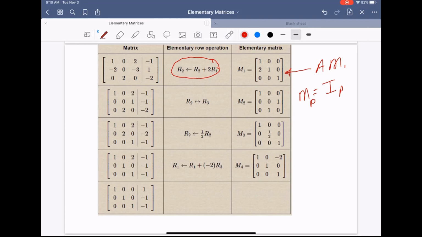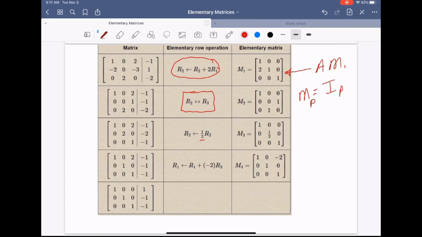The second one here is where we interchange rows 2 and 3, and this matrix M2 shows you what you'd have to multiply it by, or how that would be done using what we have referred to as an I matrix, and here it's called an M matrix, the elementary matrix. The third is simply multiplying or replacing a row with a multiple of itself.